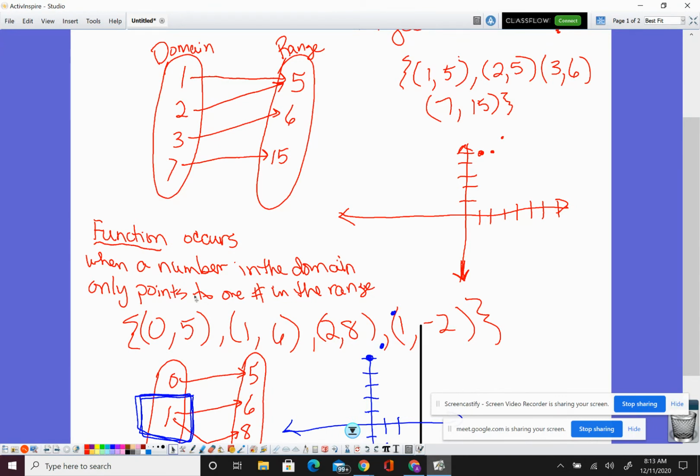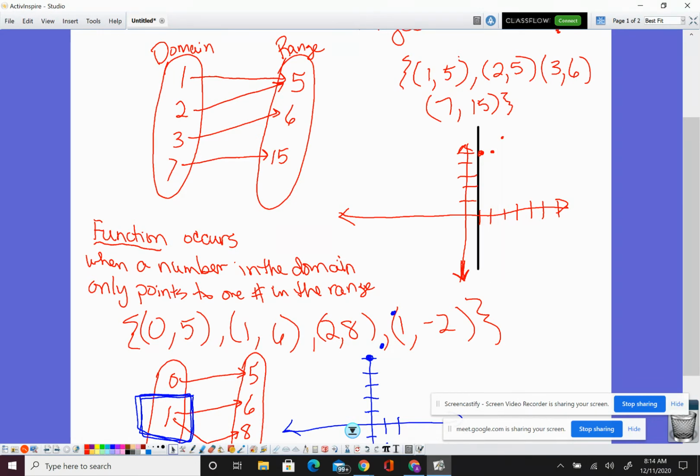They relate the x's to the y's. They have an x that goes with a y. That's a relation. But up here, this relation of ordered pairs is a special type of relationship. It's a function because it doesn't have any x values that repeat with a different y value.